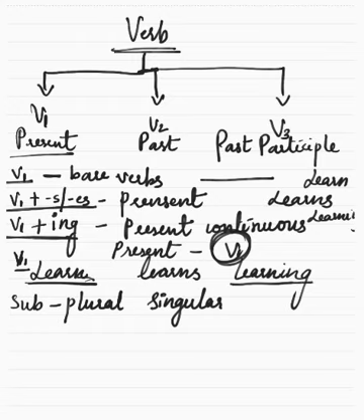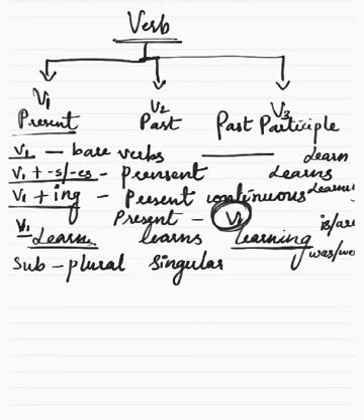Learning is that verb which cannot be used independently. Irrespective of the tense, whether it is present, past, whatever it is, we will use a helping verb with learning. For the present continuous, we use is or are. For the past continuous, we use was or were. So learning can be used for plural and singular, but the helping verbs will change.